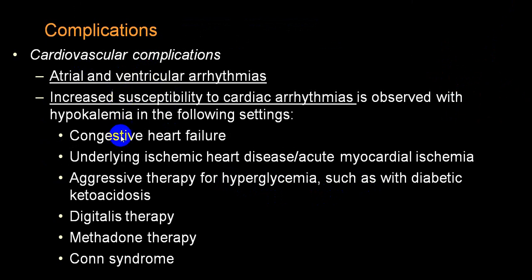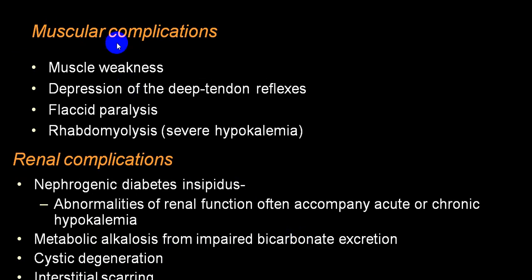This is more common with congestive heart failure, myocardial infarction, ischemic heart disease, aggressive treatment of hyperglycemia, aggressive treatment in diabetic ketoacidosis, persons on digitalis therapy, Conn syndrome, that is hyperaldosteronism, and also methadone therapy. You have to keep a watch.